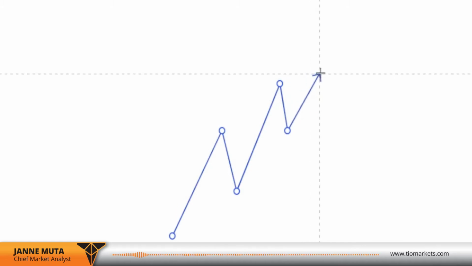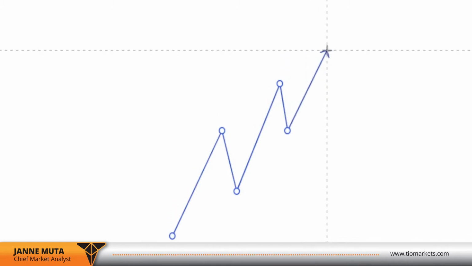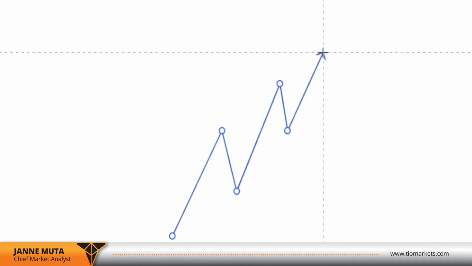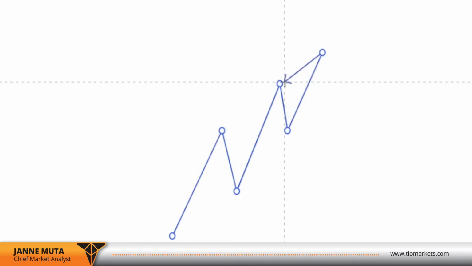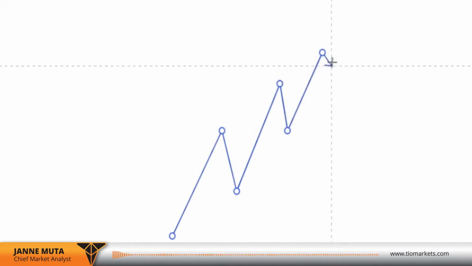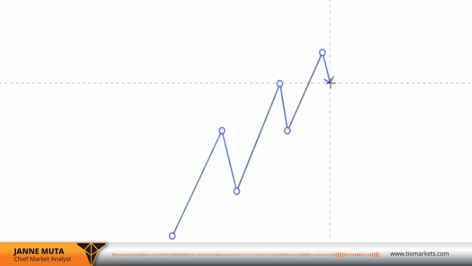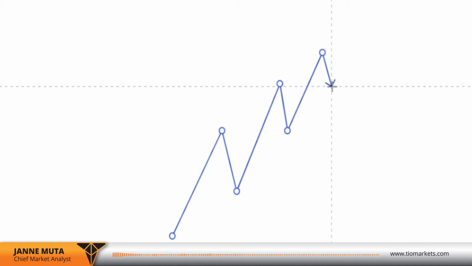Then if we get another move higher, obviously this trend is quite strong, and we get another market structure point here. This time, if the market moves back to the level, we anticipate that something similar might happen as at the previous low.